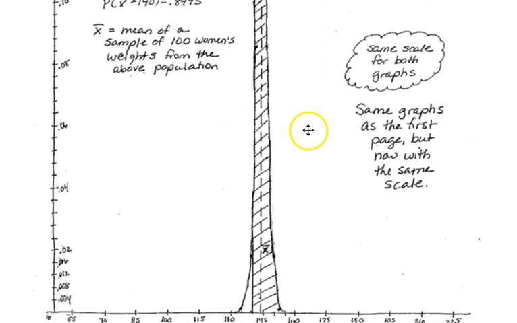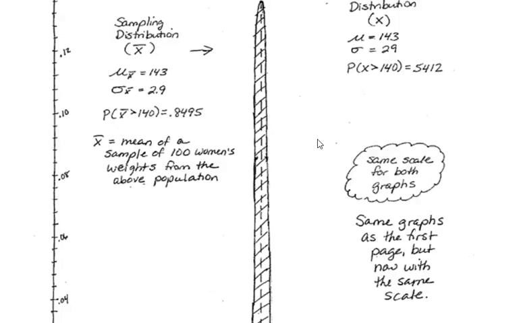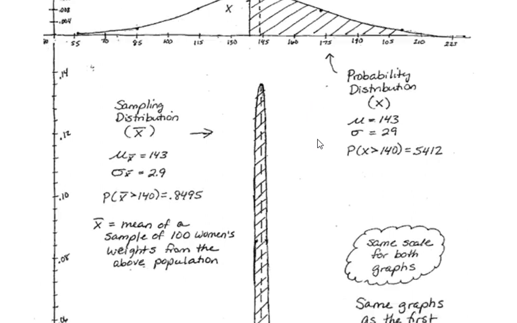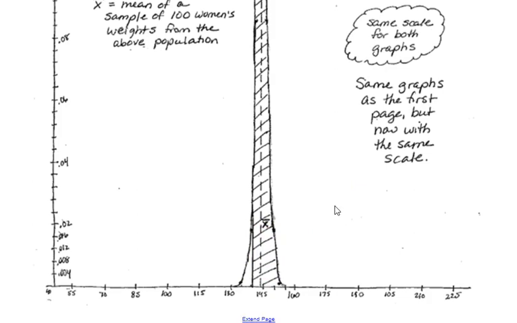You can see how much thinner it is. It's 10 times thinner because its standard deviation is 1/10 as big. And so it's also 10 times taller than the original population was. So it's 10 times thinner and 10 times taller, and you can see now why such a high proportion of the sample means are greater than or equal to 140.